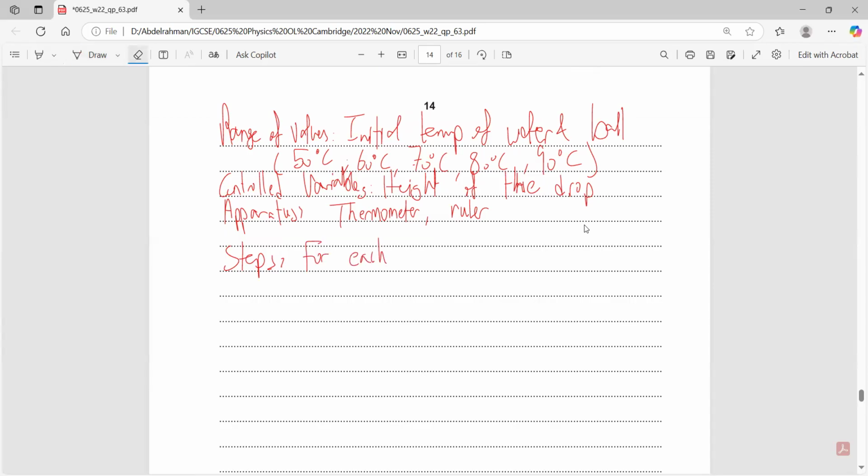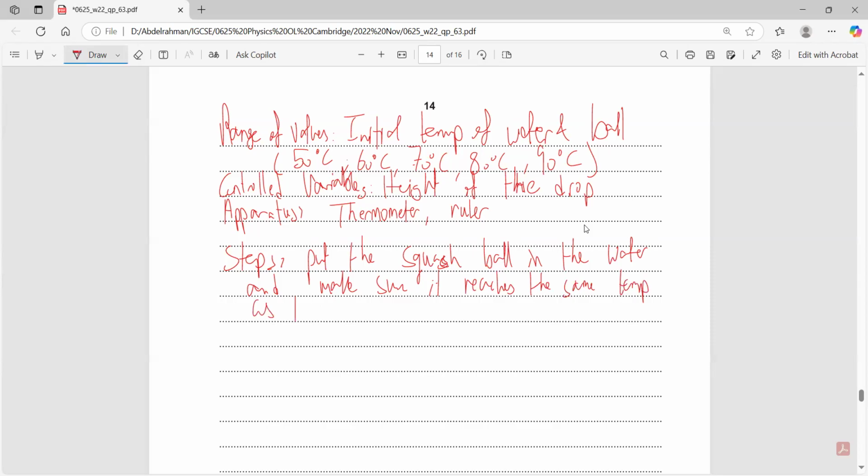Okay, you can say: put the water in, put the squash ball in the water. Make sure it reaches the same temperature as the water.